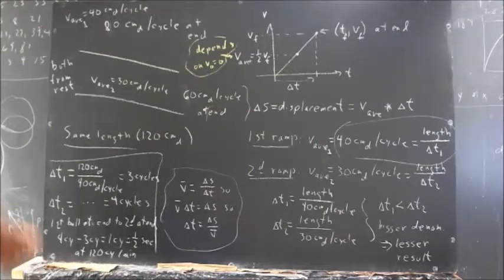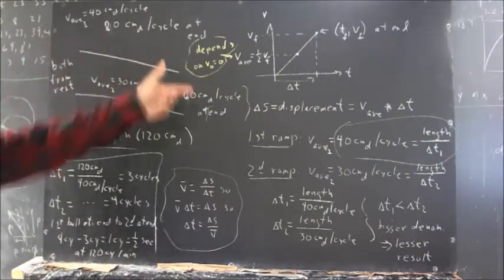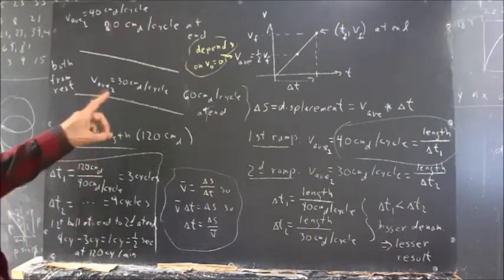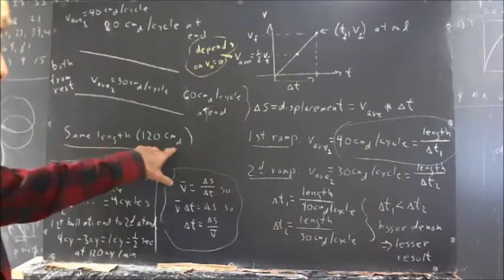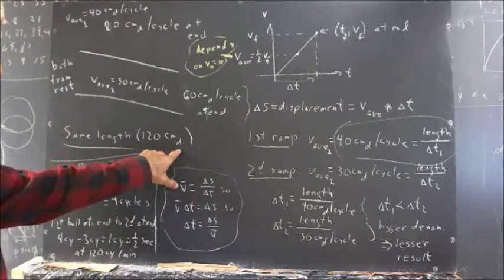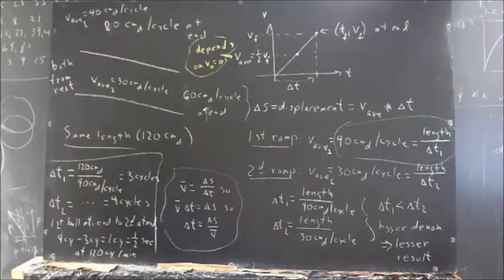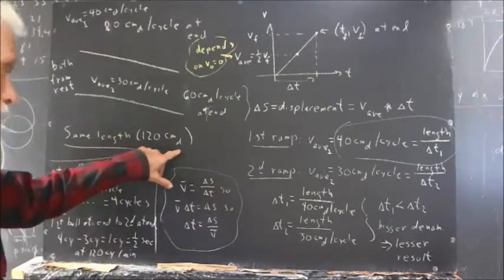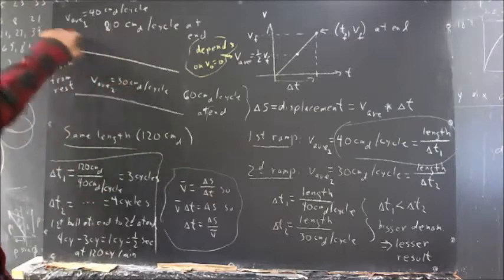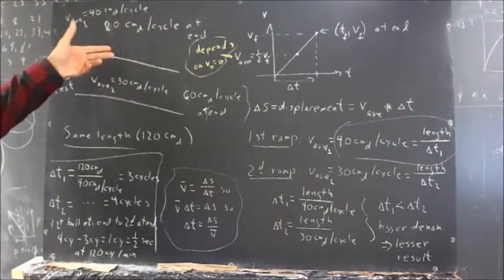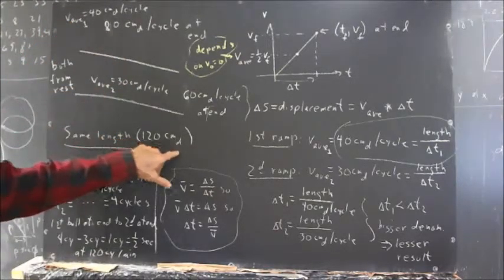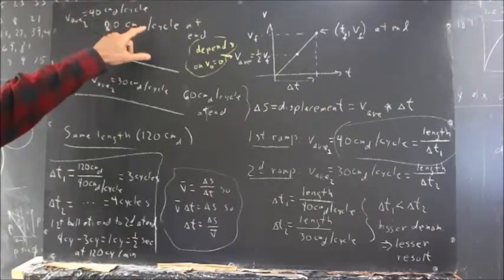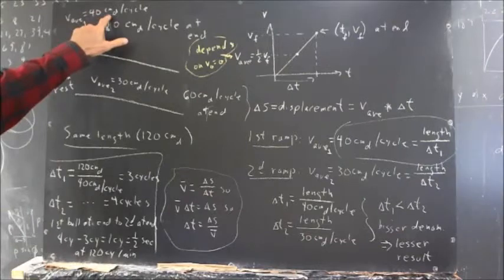Now the question of how many pendulum cycles does it take the ball on the first ramp to get to the end? Well, the length of the ramp was given to be 120 centimeters d. And if we divide the delta S by the average velocity, we're going to get the time interval. So we divide the 120 centimeters d by 40 centimeters d per cycle. That is, every cycle we travel 40 centimeters d.